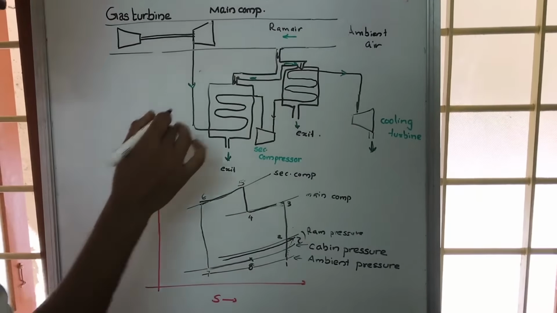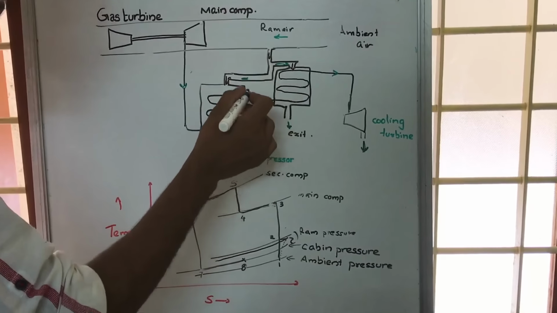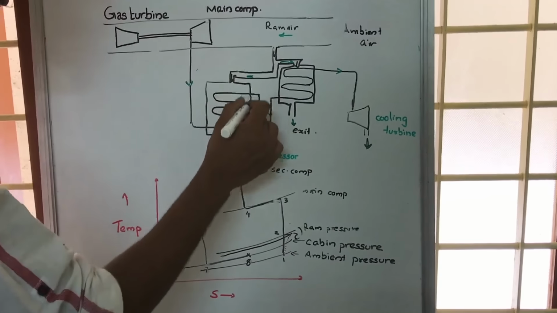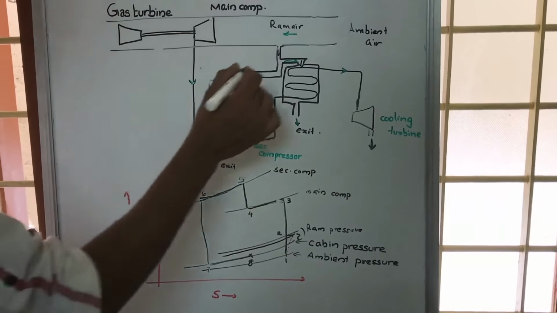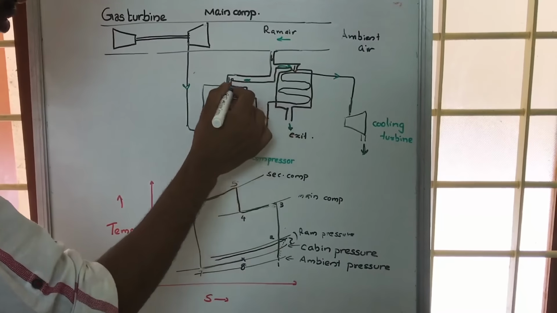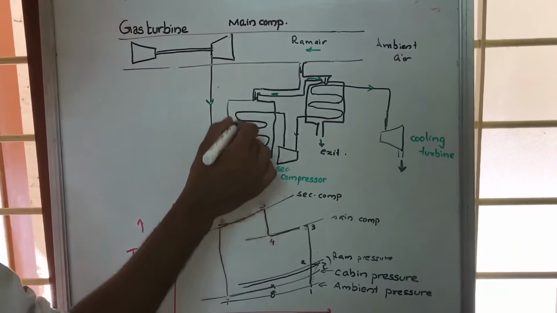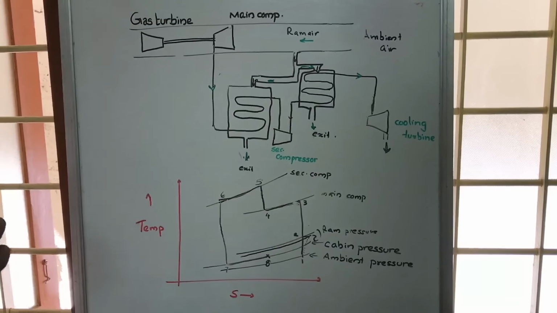So we can use this ram air to exchange heat from this compressed air. We are doing that in this first heat exchanger. A part of the ram air comes through this heat exchanger, and after absorbing the heat, it goes through this exit path.